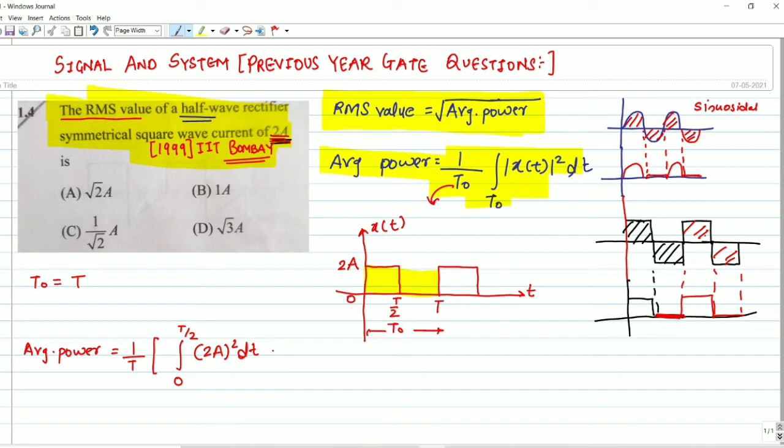Here, have all of you understood? From the next cycle it will be T by 2 to capital T. Here the x(t) value will be 0. Understood? Because here the x(t) value is this. So now we are writing 0 squared dt. Now we are closing the bracket. Let me further simplify.